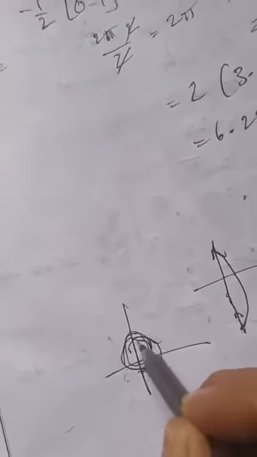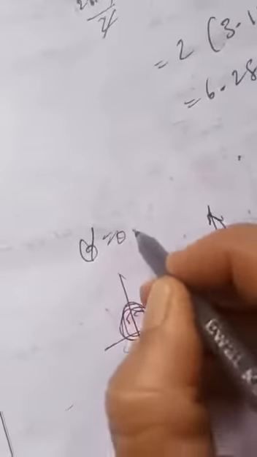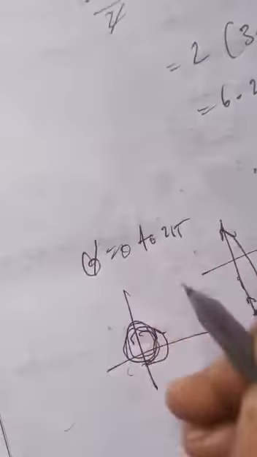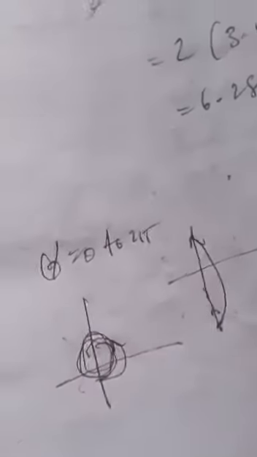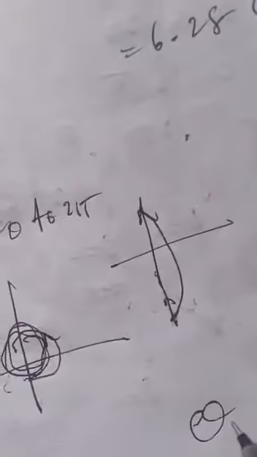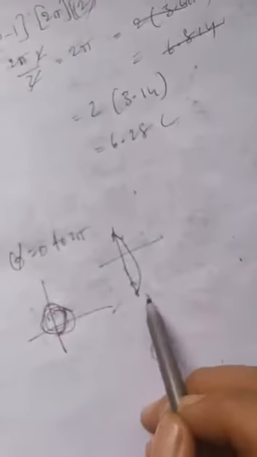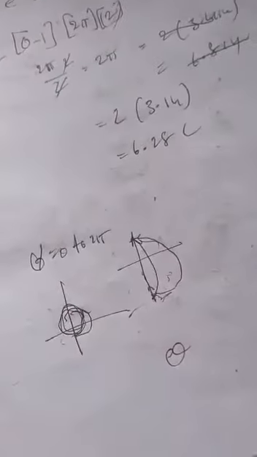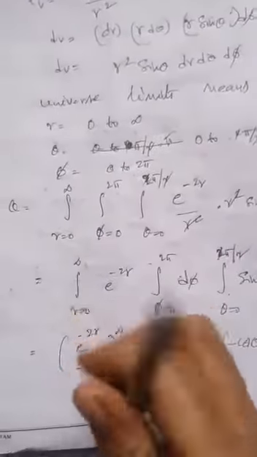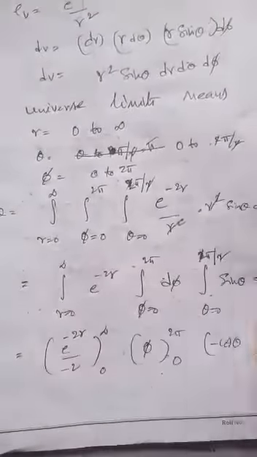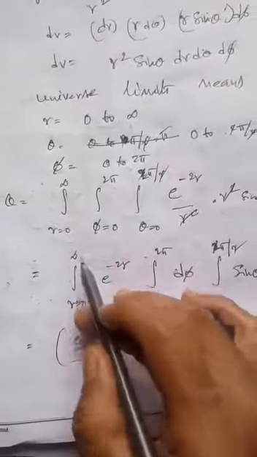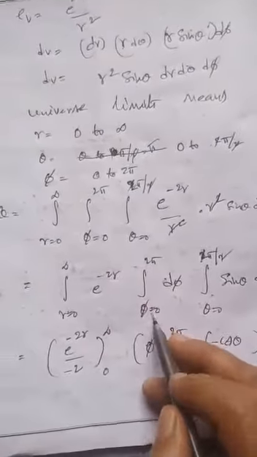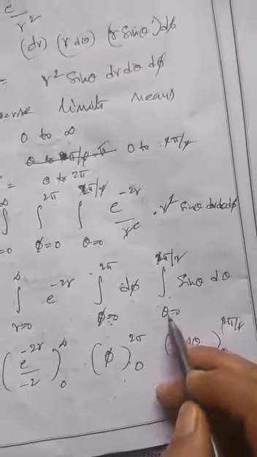That means phi is equal to 0 to 2 pi. And this is for theta, only the half part, from bottom to top. Once we choose that limit, r varies from 0 to infinity, phi varies from 0 to 2 pi, and theta varies from 0 to pi.